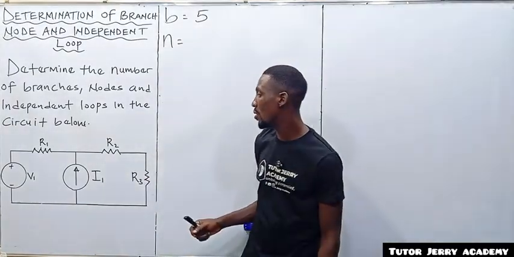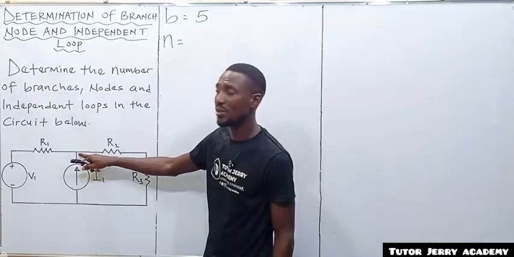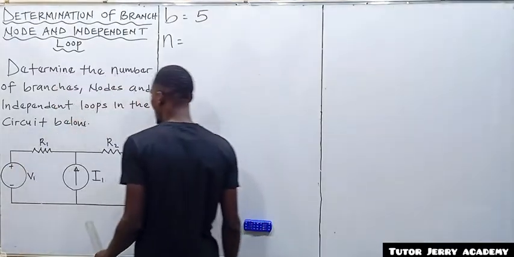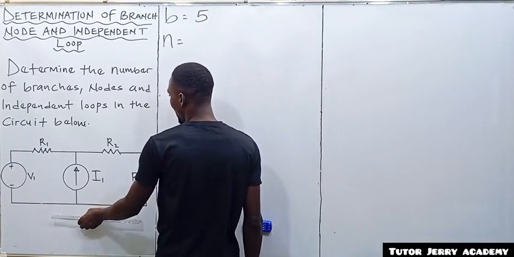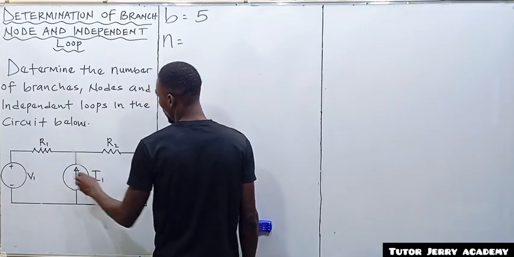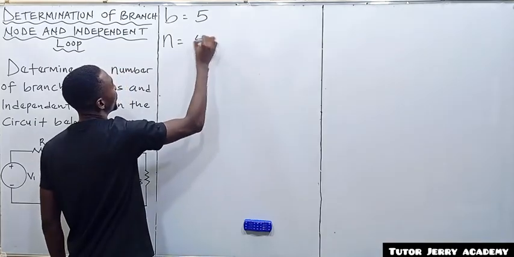So it means here we are going to have another node, here we have another node, and here we have another node. So how many nodes do we have? We are having 1, 2, 3, 4. So we are having 4 nodes.